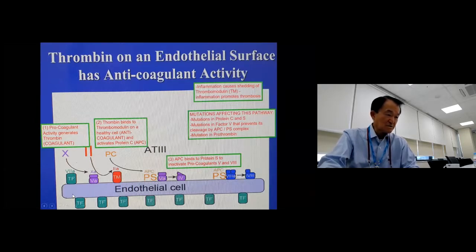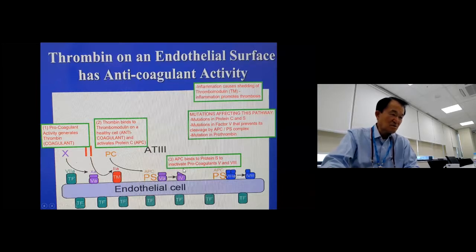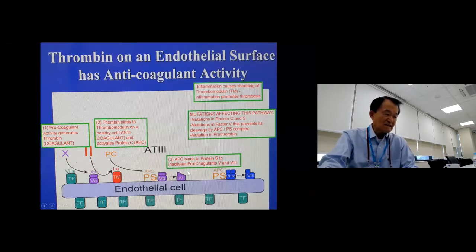So endothelial wall, and then you have a certain procoagulant activity generating a coagulant, that's thrombin, and then this thrombin binds to thrombomodulin, and that's anticoagulation, and activating protein C. So protein C also binds to protein S, this kind of thing.